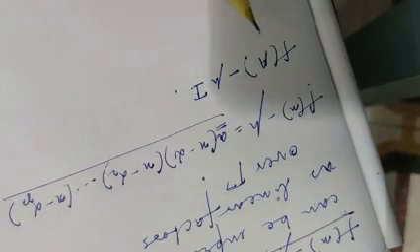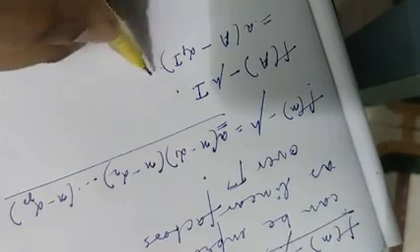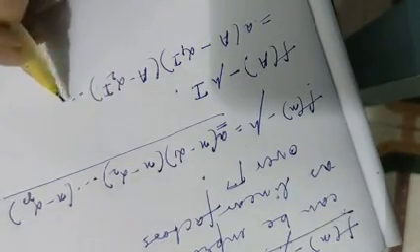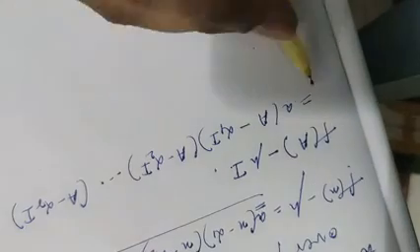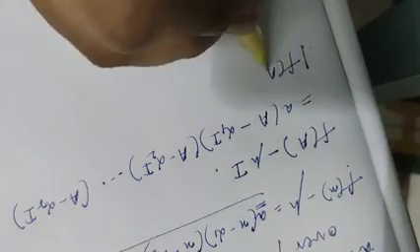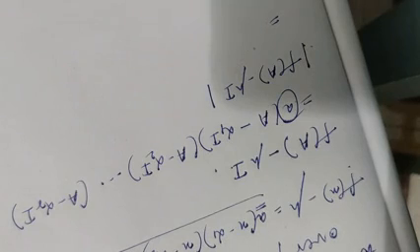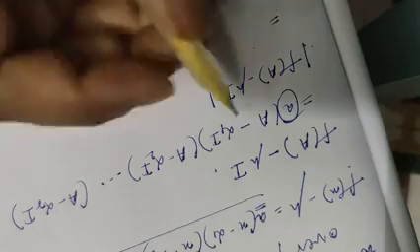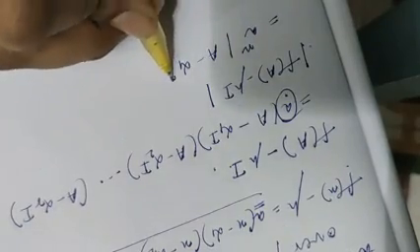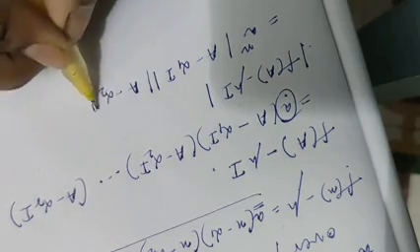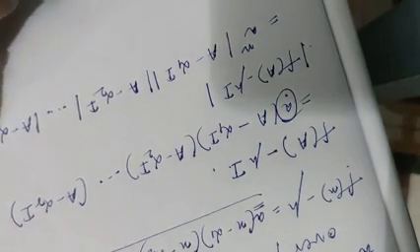So f(A) minus mu I equals a into A minus alpha 1 I, A minus alpha 2 I, up to A minus alpha r I. Now taking the determinant on both sides, and there are a total of n terms, so this will become a to the power n, det of A minus alpha 1 I, A minus alpha 2 I, up to A minus alpha r I.